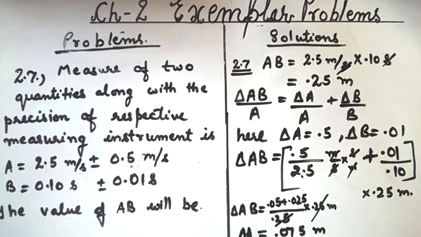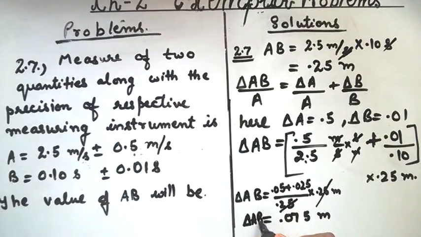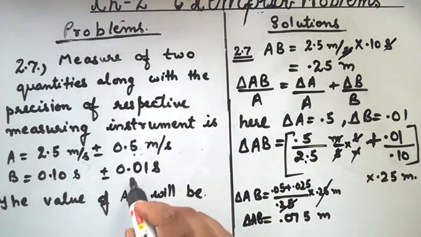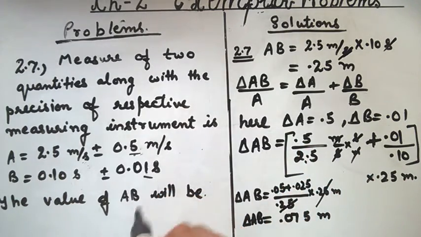Thus, the answer is, here the error is in 3 places, but the 0 will not be countable, and we have to calculate the error up to 1 significant digit.